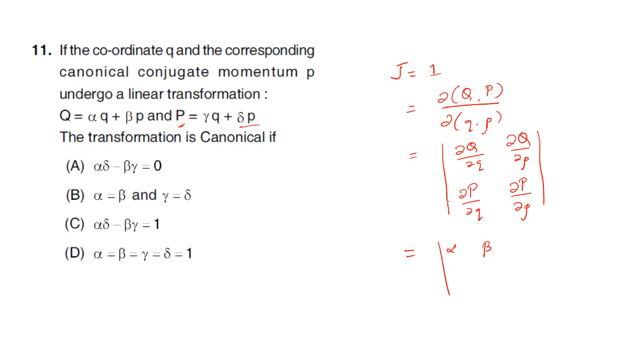Similarly, dou P by dou q is gamma. Then dou P by dou p is delta. That is alpha delta minus beta gamma is equal to 1. The transformation is canonical if alpha delta minus beta gamma is equal to 1.